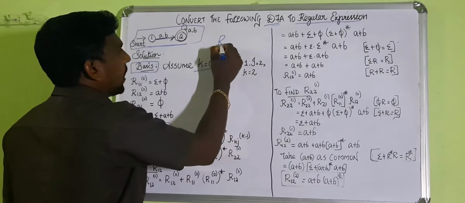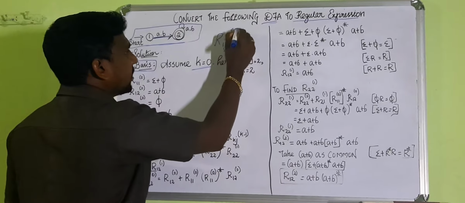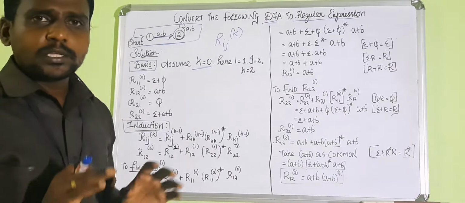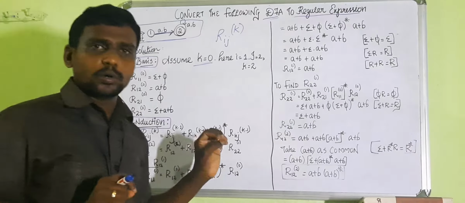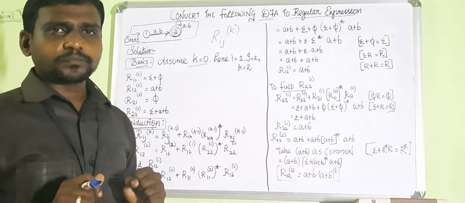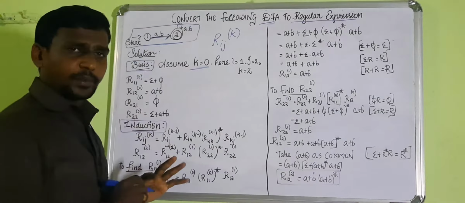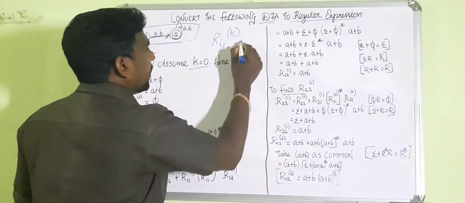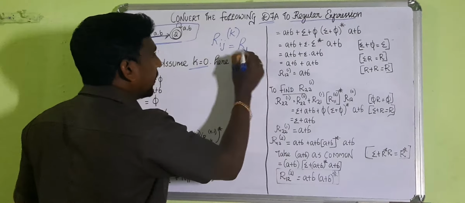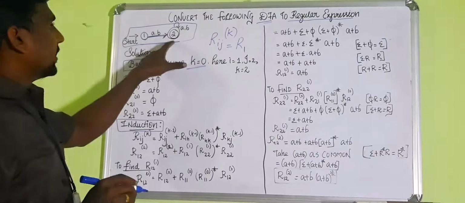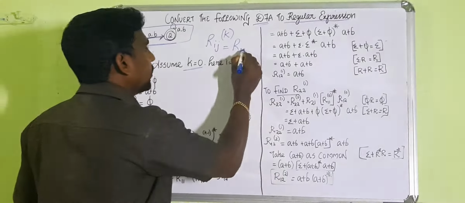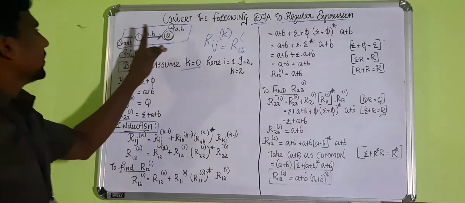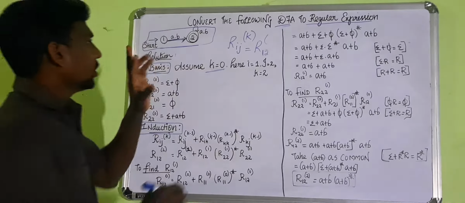R i j power k is the regular expression rule. From the diagram itself you should know what regular expression we should find. What is i? In this diagram, i is the starting state, so the starting state is 1. So we have to find R1. What is j? The accepting state, that is 2. R1 2 power what? How many states are there? k equal to the number of states, 2 states.